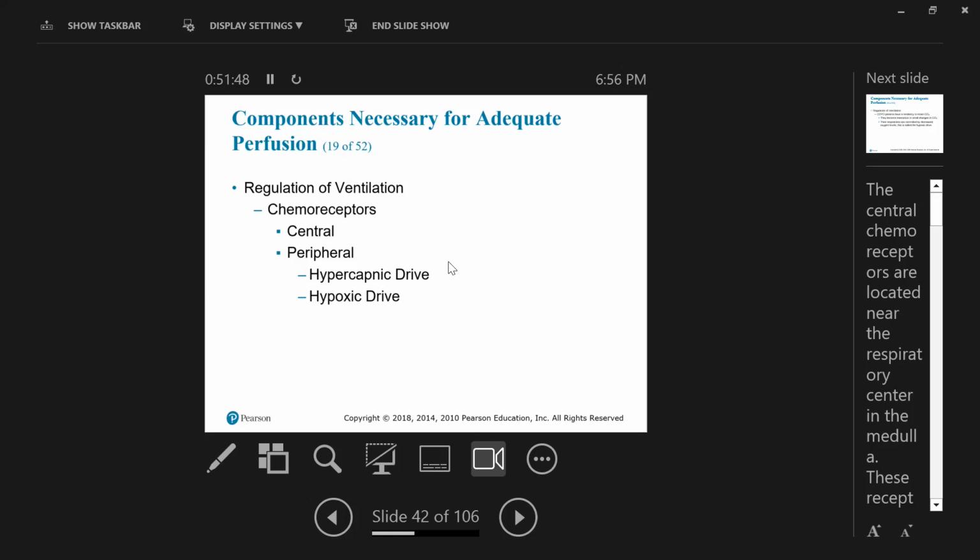So we have chemoreceptors, central chemoreceptors and peripheral chemoreceptors. We have the hypercapnic drive and the hypoxic drive, and these drives are what actually cause you to breathe. The more carbon dioxide in your system, the more you want to breathe. That's what triggers it, not the amount of oxygen, but the amount of carbon dioxide.